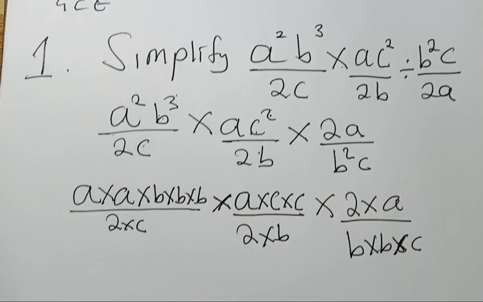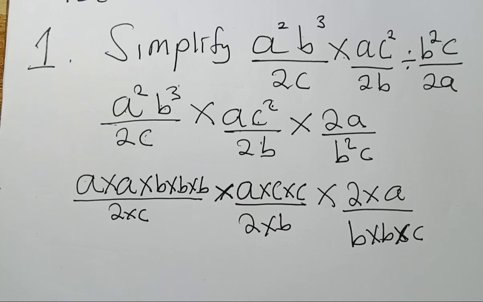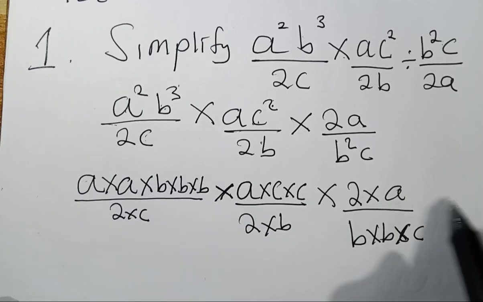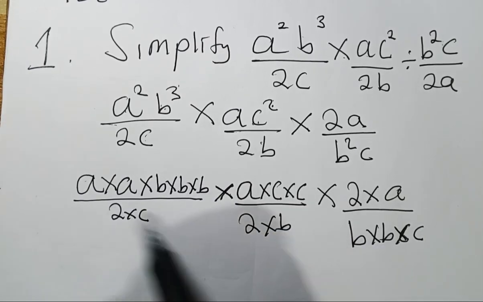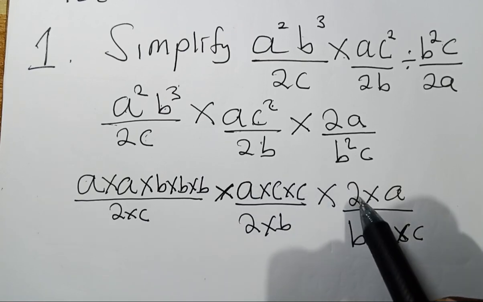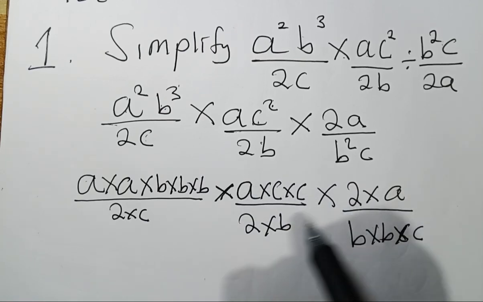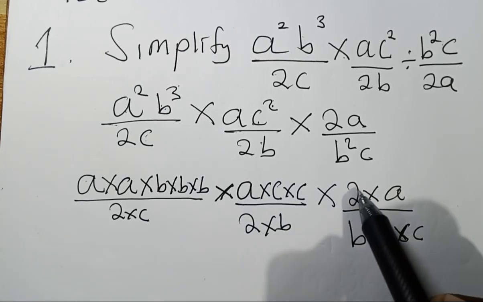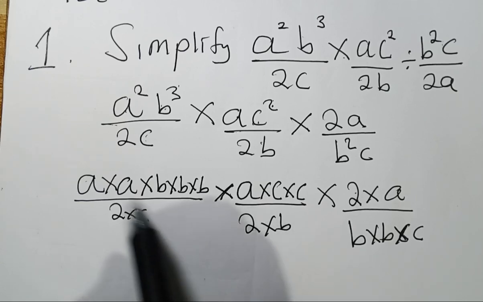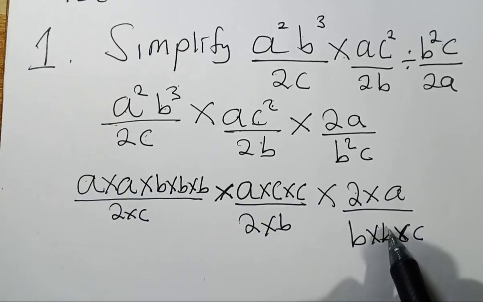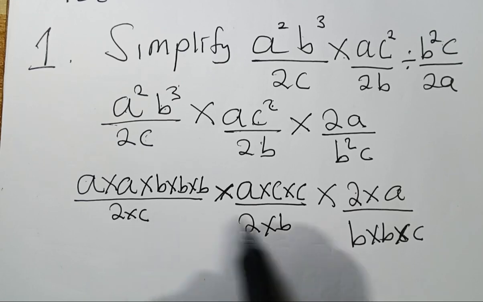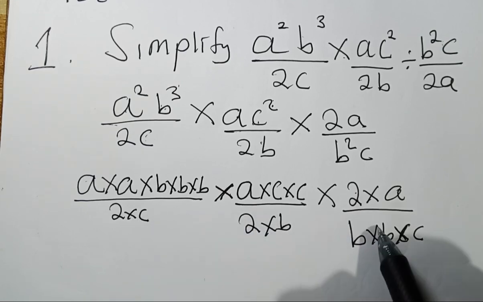Like that. Once you reach here, we are going to simply cancel what is common on the numerator and the denominator. Let's start with numbers. On the numerator, the number that you have is a 2. On the denominator there is a 2 here. So you can cancel these 2. You can only cancel numbers across the numerator and denominator. You can't eliminate numbers on the numerator alone.